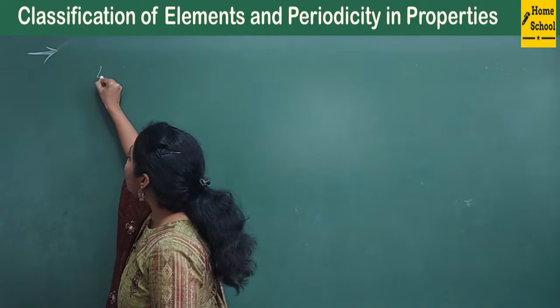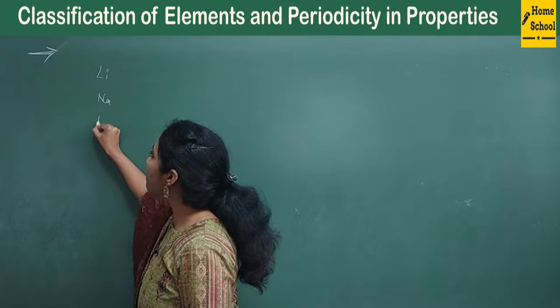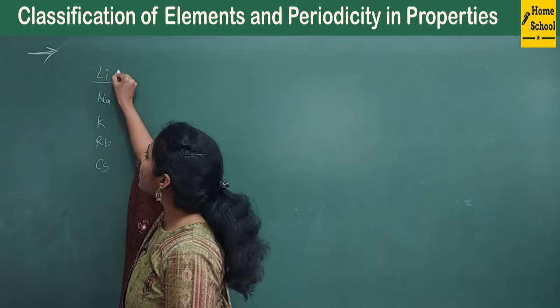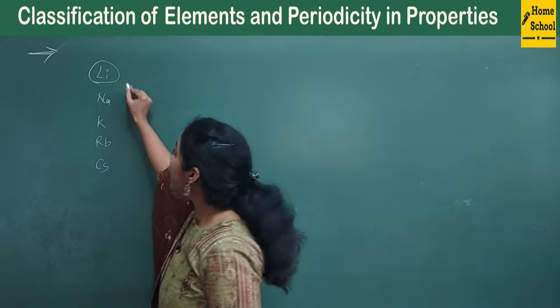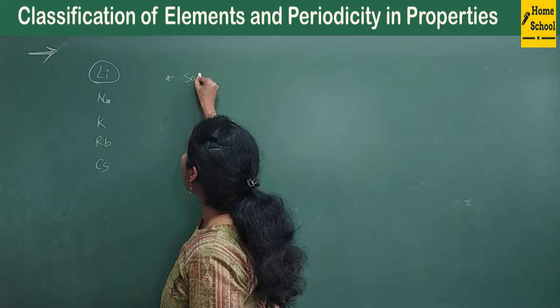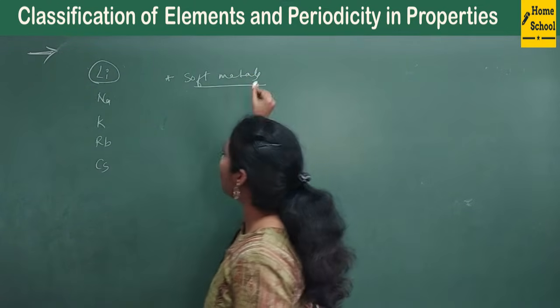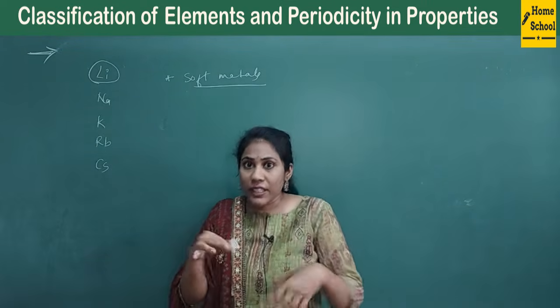See guys, if you take the first group elements: lithium, sodium, potassium, rubidium, cesium. Just now I discussed that the first element is always different. We normally say alkali metals are soft metals, right? We studied this in our early classes also. They are actually soft metals. You can even cut them with a knife.